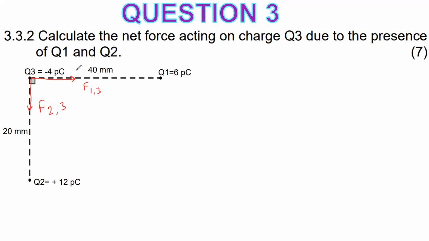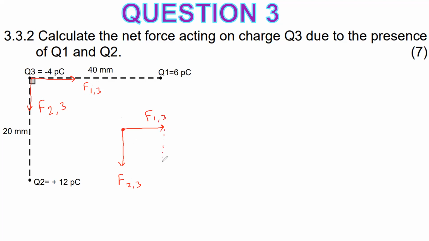And then how can we show our net force? Okay, let's draw a free body diagram for Q3, and then we can show net force direction also. This is our first force F2,3, and then we have this way F1,3.